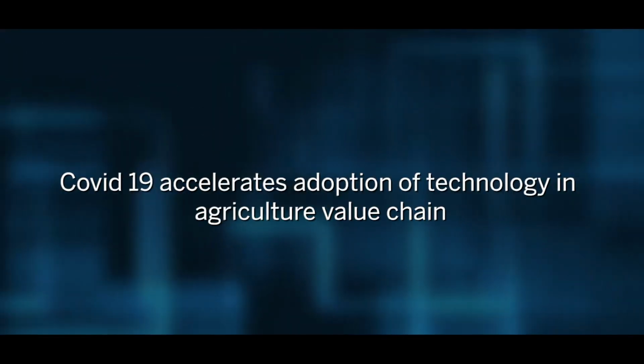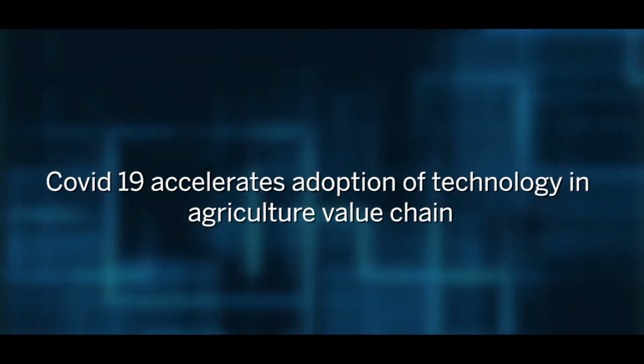The second aspect that we are exploring is how digitization of input supply chains could be an area where FPOs could partner with technology entrepreneurs and then at some level with corporates. During this COVID time, many of the input companies found it very difficult to reach out to farmers.